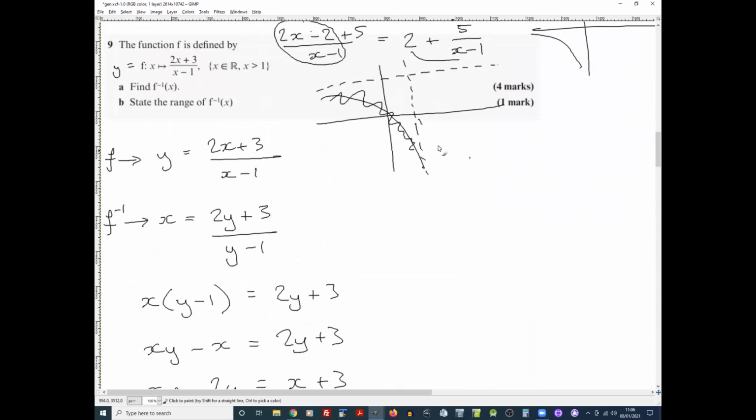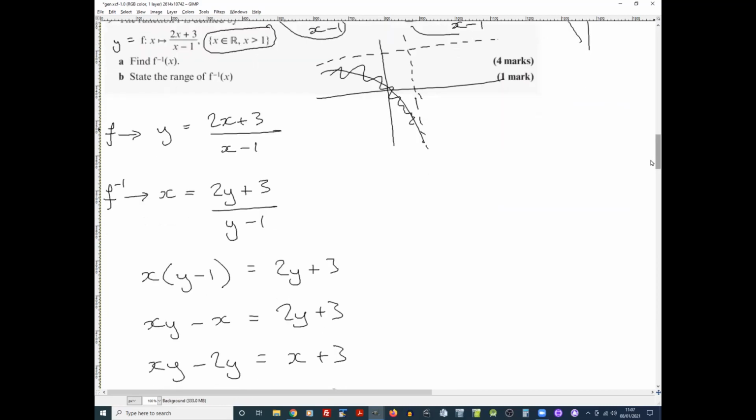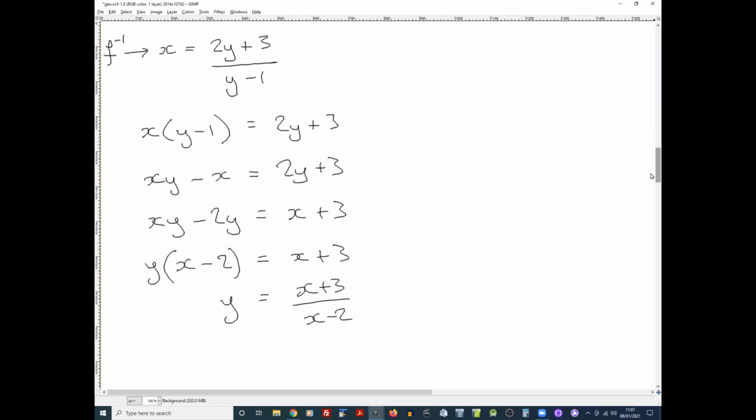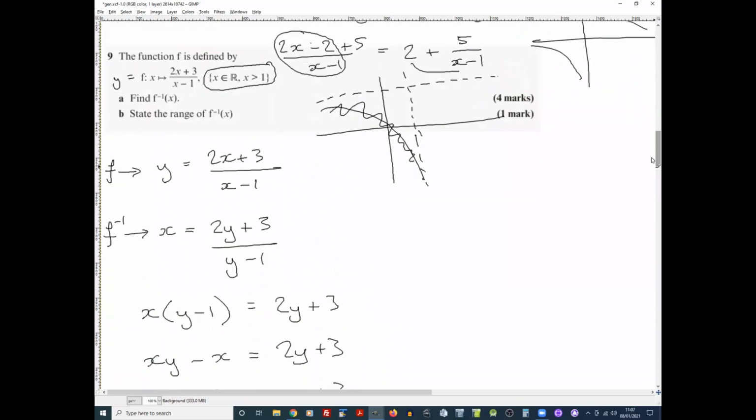So the range will be the original domain, which is x is any real number that's greater than 1. Yes, except that they're going to maybe grudge you the mark for that if you don't say what version instead, because it's a range now, not a domain.